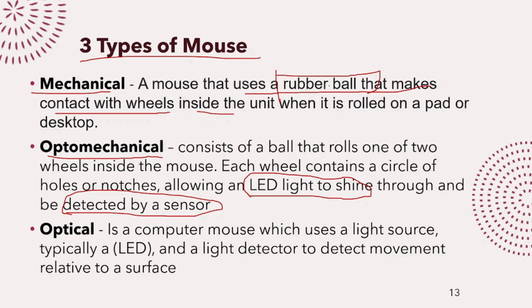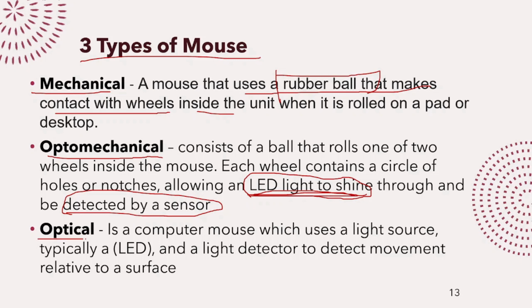While optomechanical mouse naman, it has a ball pero it's inside, nasa loob siya. So yung gamit naman nito is it uses the LED lights para ma-detect yung movement ni user gamit yung mouse.